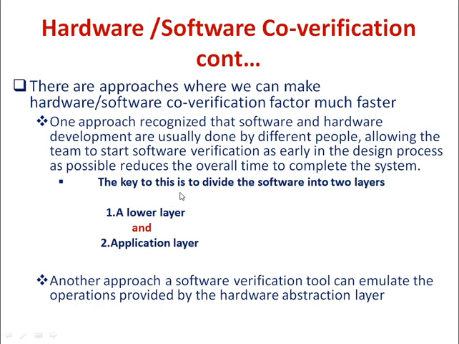The key to this is to divide the software into two layers. One is a lower level layer and another is an application layer. A lower layer that depends on the hardware, and an application layer that is insulated from the hardware by the lower layer.